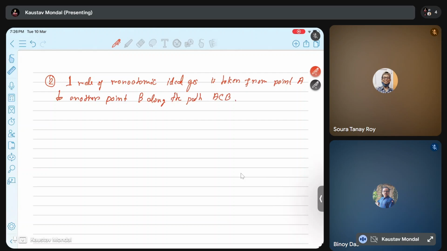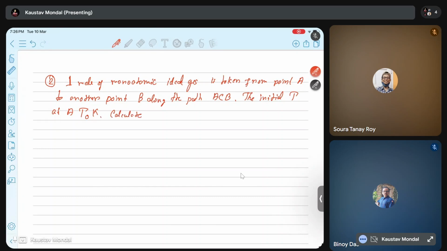So I'll draw the picture. The initial temperature at A is T0 Kelvin. Okay. The initial temperature is mentioned, that is T0 Kelvin.